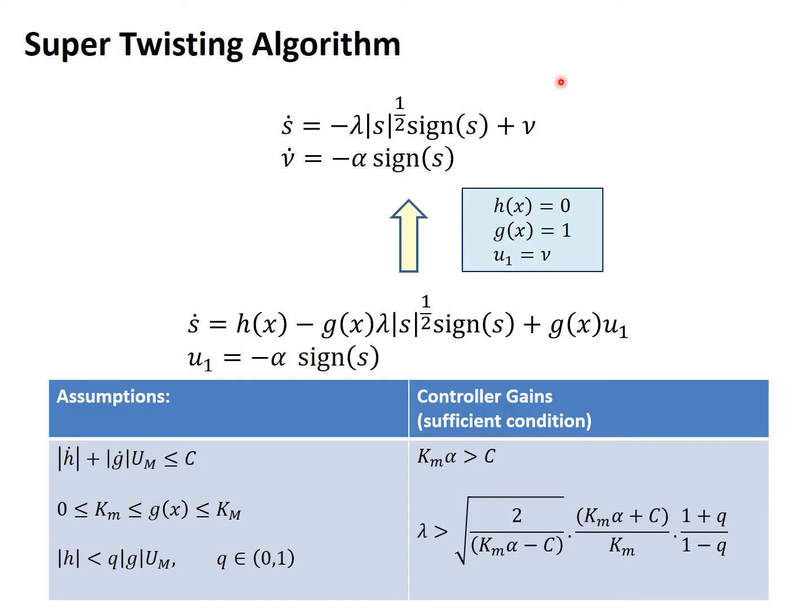Now this is another form of the super twisting algorithm which we saw in the last presentation, and the assignment is already given. I have asked you to simulate the super twisting algorithm which appears in this form.